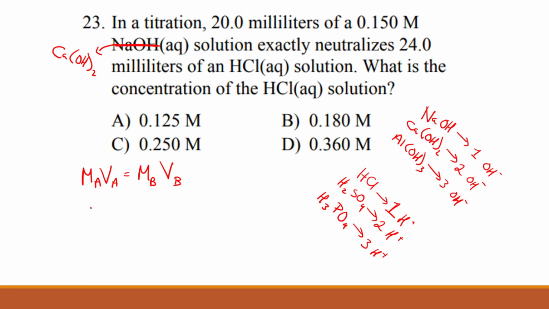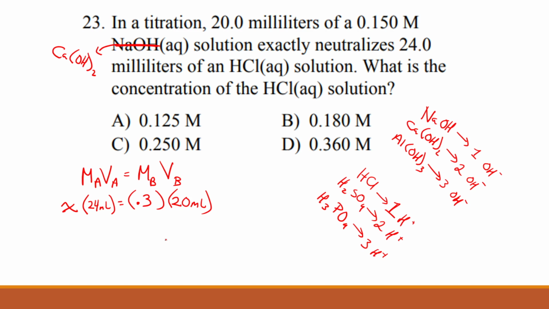But when we plug in, we have X, 24 milliliters, 20 milliliters. And then here, instead of plugging in 0.15, we would plug in 0.3. We would double this number because we have twice as many OHs. 1 CaOH2 gives you 2 OHs. So we're checking the molarity of OH. It's double the molarity of calcium hydroxide. And then we would solve out accordingly.